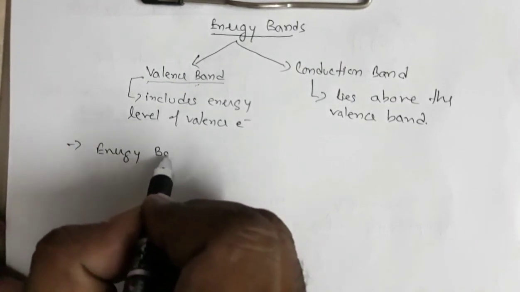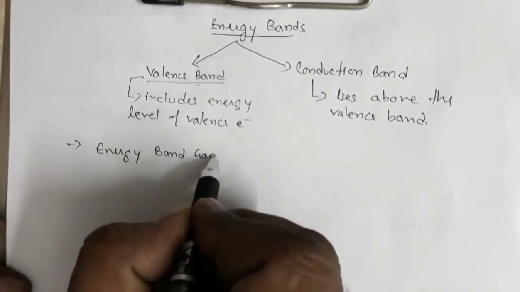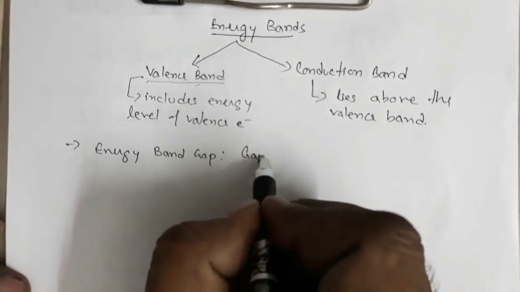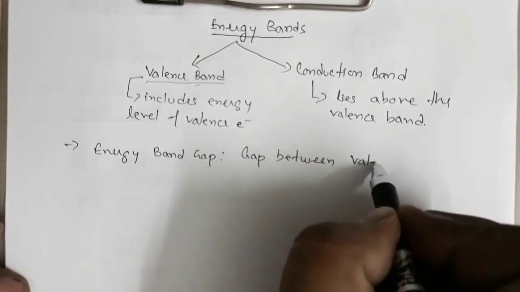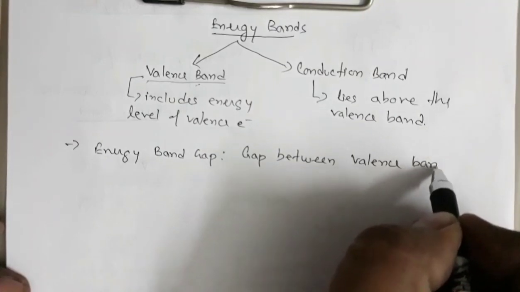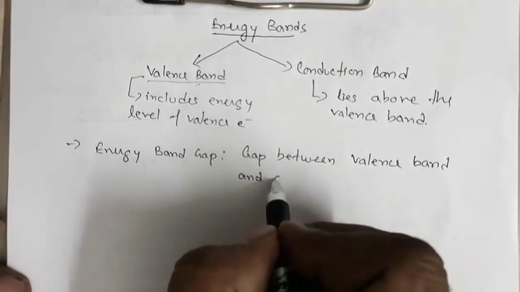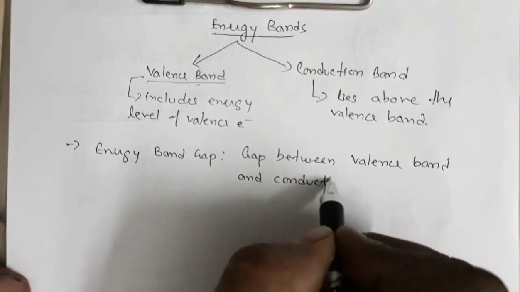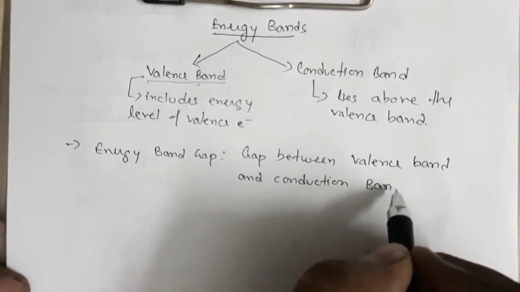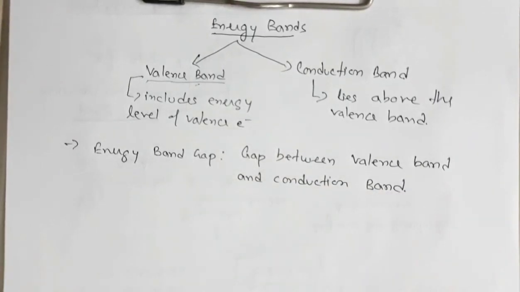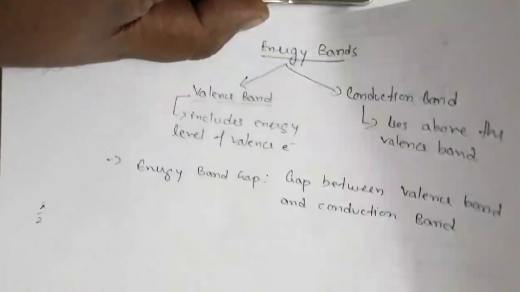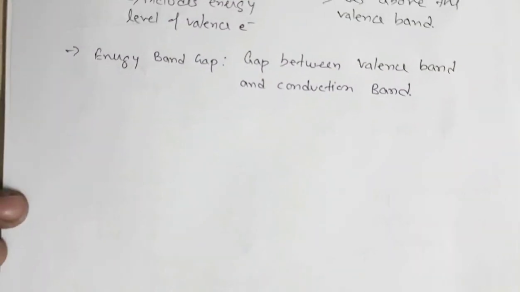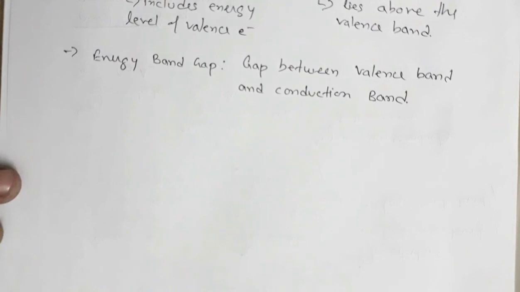Energy band gap is the gap between the valence band and the conduction band. Now let us see what kind of possibilities may exist in this classification of materials on the basis of energy band.